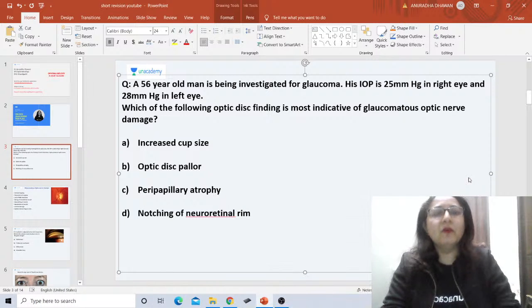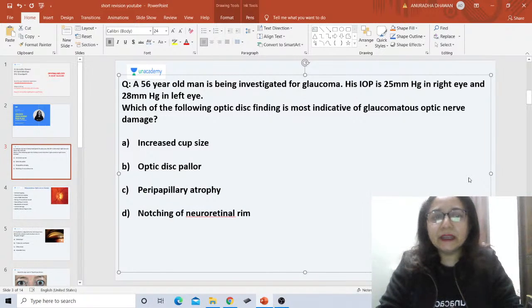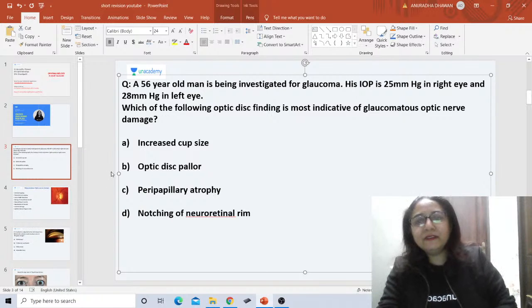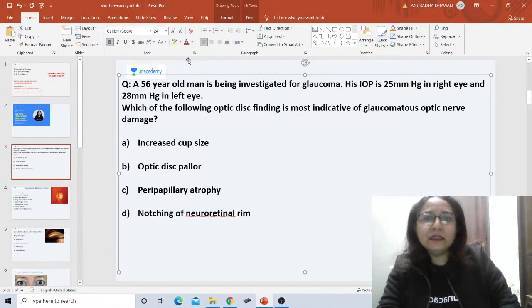Okay, so we know that different characteristic optic nerve changes are seen in a case of glaucomatous damage. So out of the choices given to us, which one is most indicative of glaucomatous optic nerve damage?